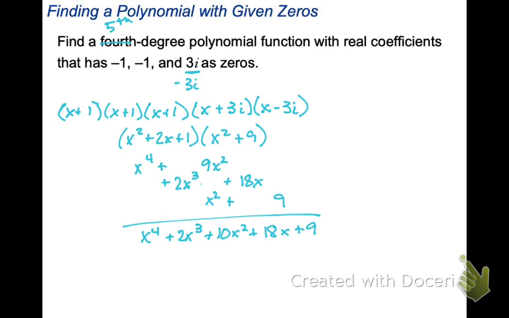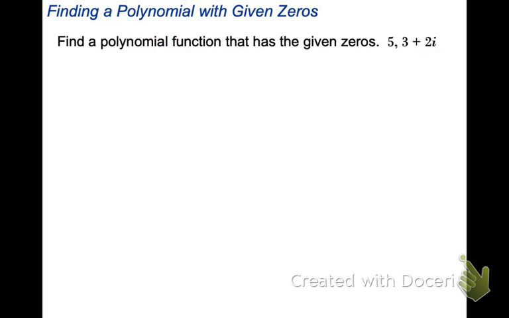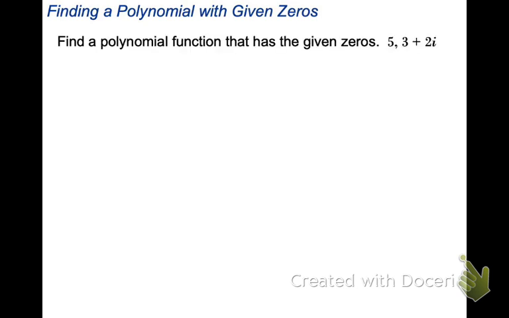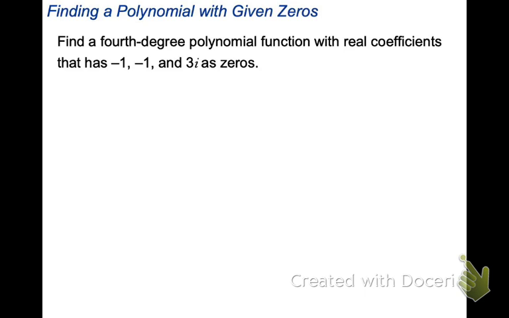If I wanted 5, I just added another, I'll show you. On a normal problem, it would say, make a fourth degree polynomial having those zeros.